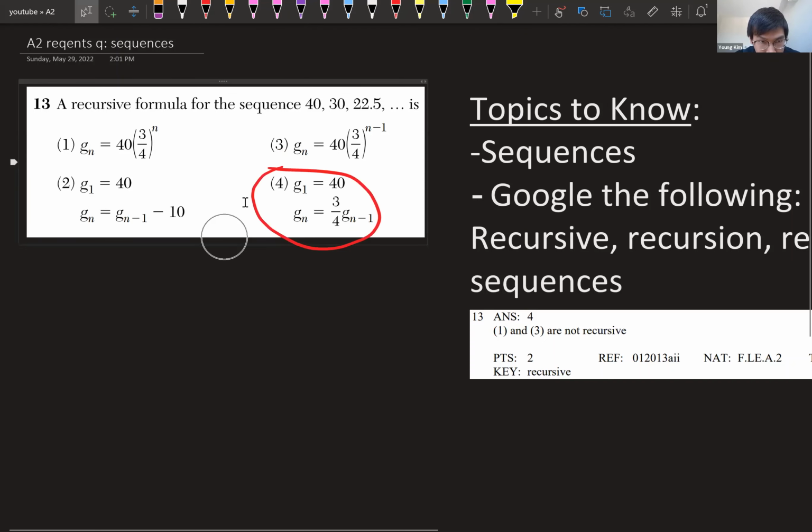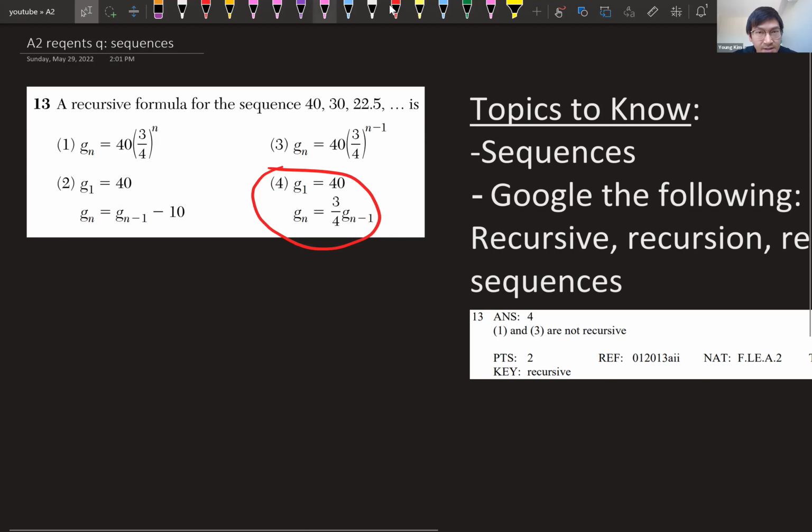Well, when I look at this, I know off the bat that it can't be choice 1 and choice 3, because for a recursive formula, you need to have an initial value. Choice 1 says g sub n is equal to 40 times 3/4 to the power of n, and similar here with n minus 1.